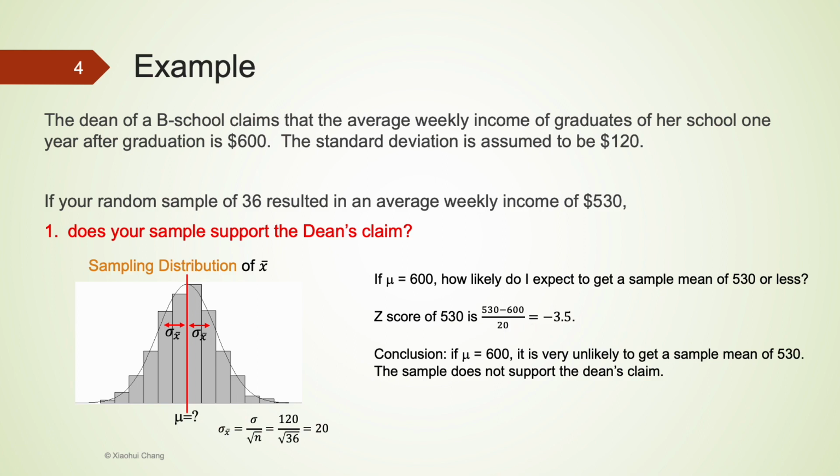That's negative 3.5. This is a very small z-score. From the empirical rule, you probably remember that it's very unlikely to be less than negative 3 z-score. That means if the true weekly income is $600, it's very unlikely to get a sample average income of $530. Therefore, the sample does not support the dean's claim.